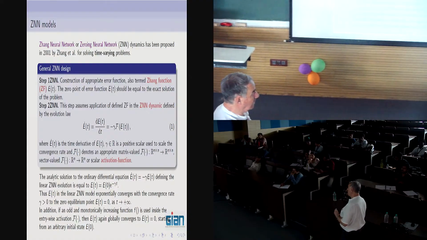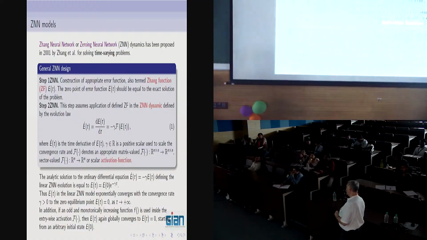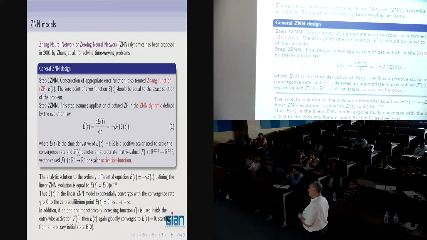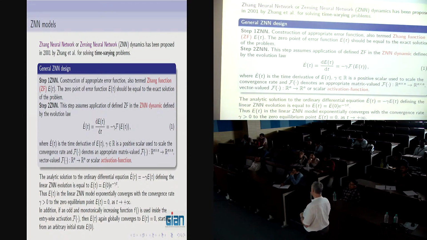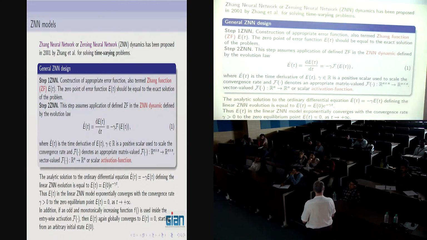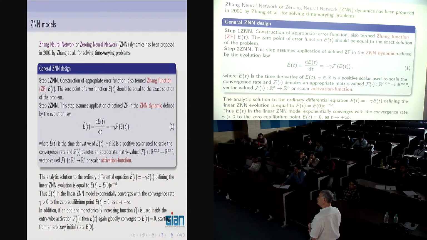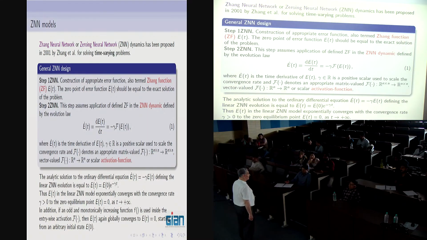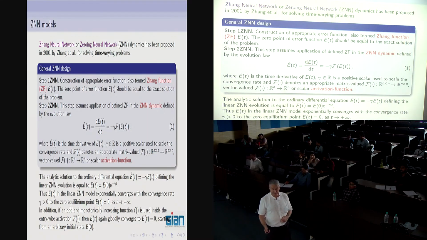Opposite to gradient neural network, where E of t is typically in matrix form, and then we use the Frobenius norm of this error function to obtain the goal function, here E of t is the goal function. The error function is immediately the goal function. We don't need the Frobenius norm of something.